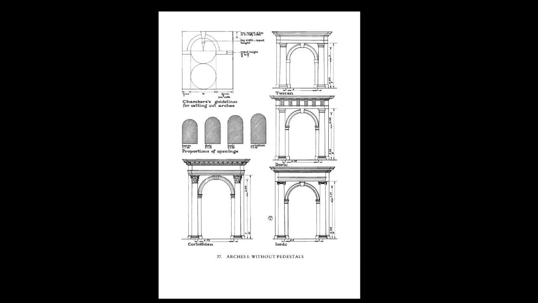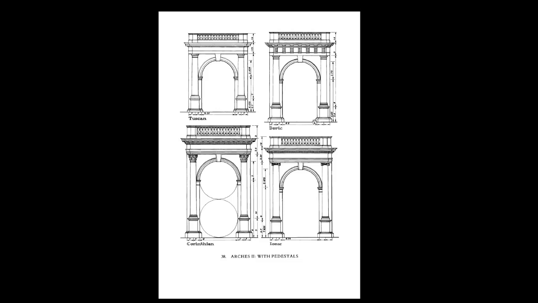And here you see the different proportions of the arcs matching the proportion of the column, and always the height of the column fitting the right height of the entablature, and then the arc in the middle. In this lecture you see how it becomes more slim. The Tuscan arc is very rarely done in practical architecture, but the Doric exists.